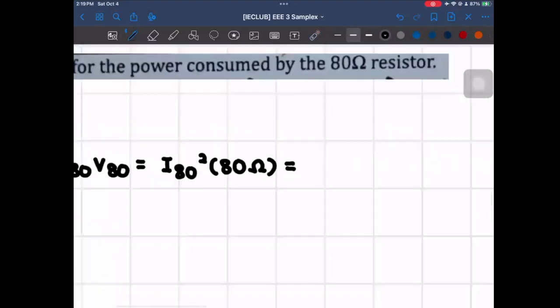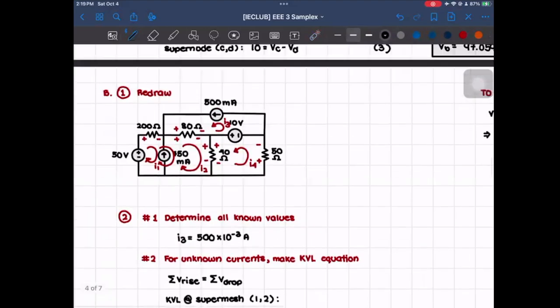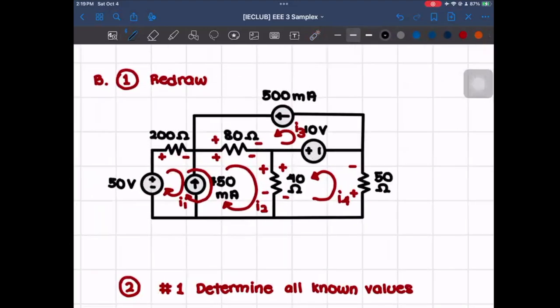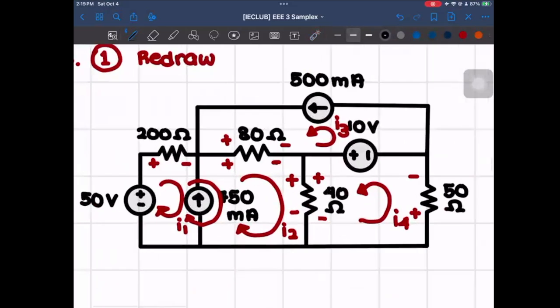So if we were to compute that, for I80, let's go back to the drawing that we did for B, and look at I80, which is going to be over here. So I80, based on this, is actually the sum of I3 and I2, since these currents come here and are already pointing in the same direction to the right.